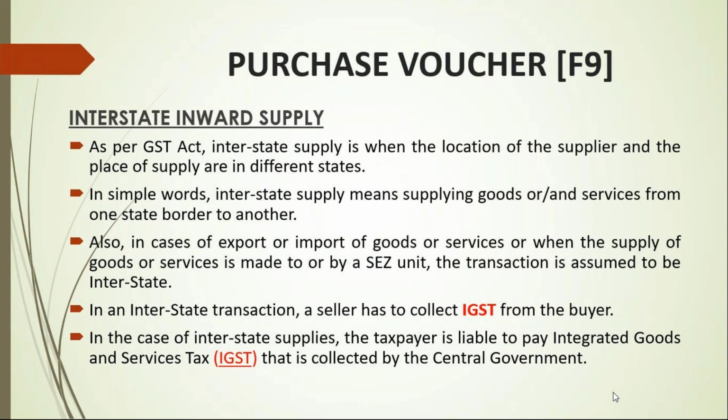It is a trader from Pune. That's Maharashtra. So from Maharashtra to Karnataka, the stocks are moving. So here, location of the supplier is Maharashtra, place of supply is Karnataka. So it is an interstate supply. So in simple words, interstate supply means supplying goods or services from one state border to another.